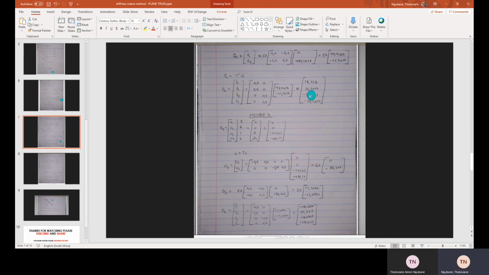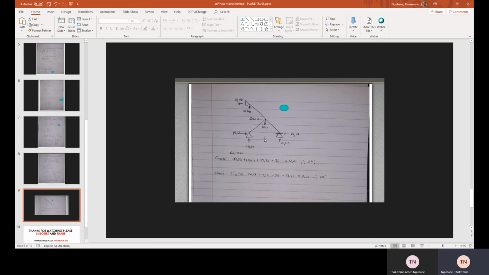This is member 2. We have a positive sign. We take those first two values. Remember, we have positive 78. That's why it's pointing to the right, because on the right hand side we say positive, on the left hand side negative, and then we put our 58.75 pointing upward because it is positive.